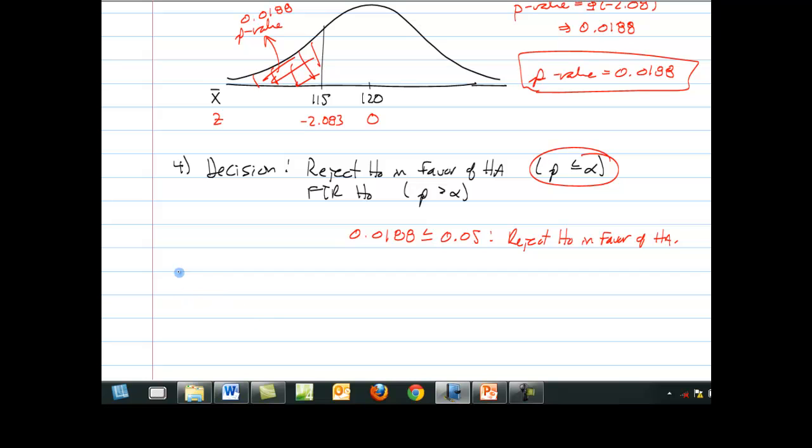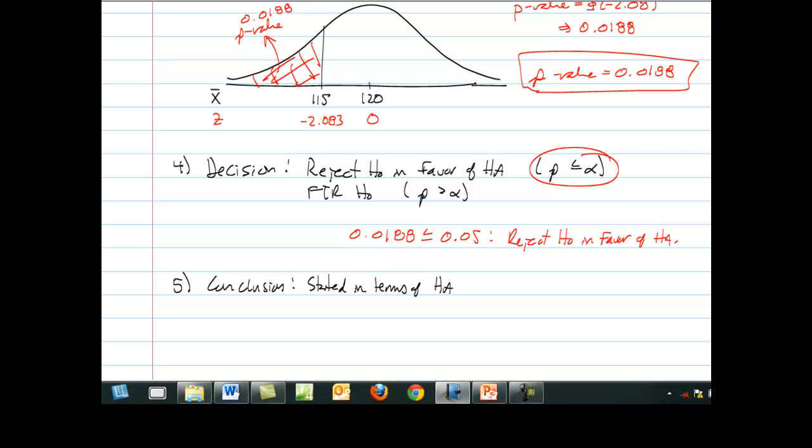So there's your decision, and then we need to write out our conclusion. The conclusion should always be stated in terms of the alternative hypothesis, but we never say H0 and HA. We try to write this out in layman's terms.